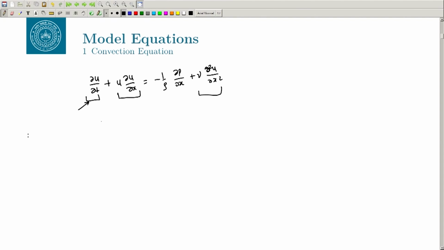And because of the presence of the time term, it is also a parabolic equation. You can also write it in a conservation form, that will be u square by 2 plus p by rho equal to nu del square u by del x square.